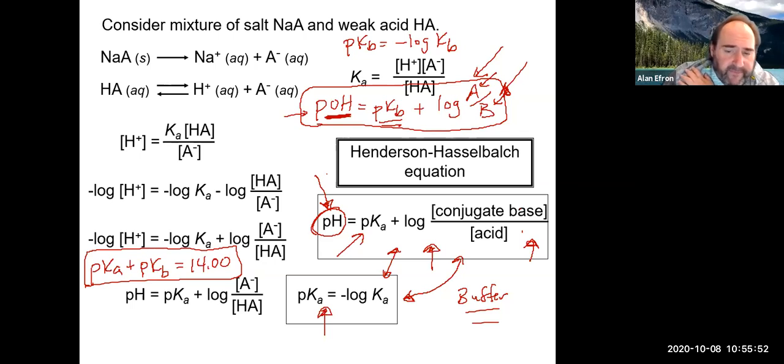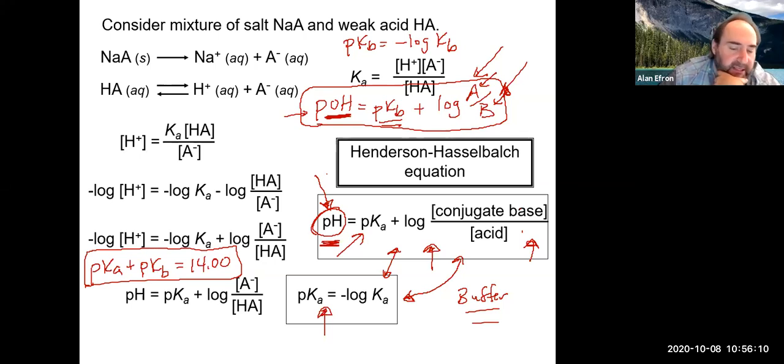So there's a few different equations here. Personally, again, like I said, Henderson-Hasselbalch, pH equals pKa plus the log of the base over the acid, is probably the way to go in most cases, because usually you are looking for the pH.